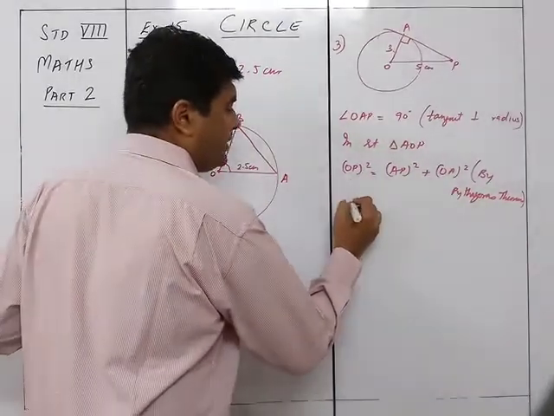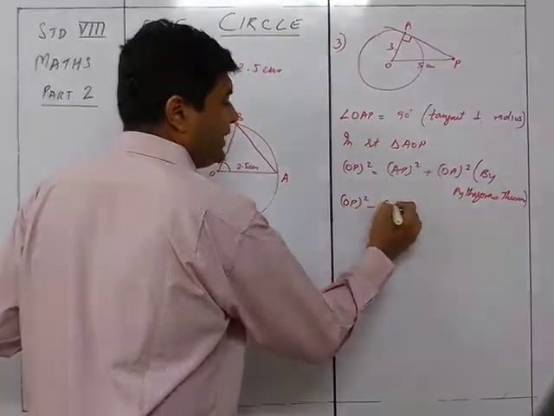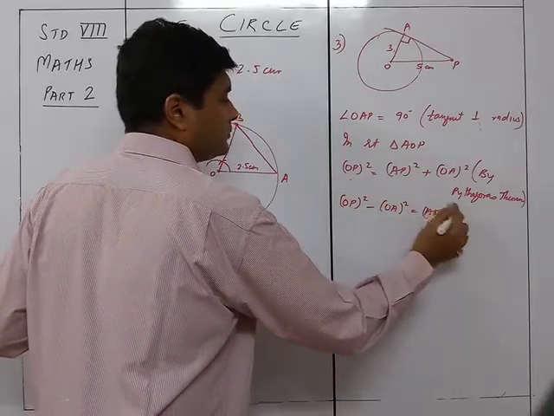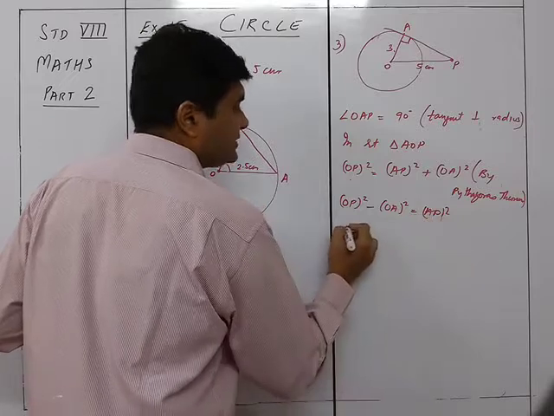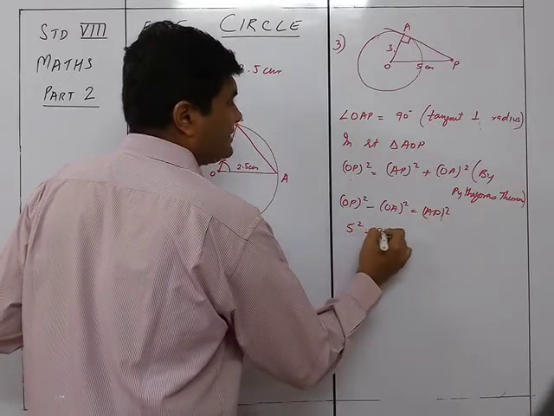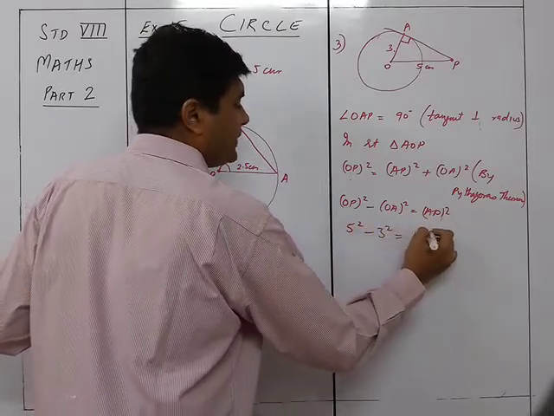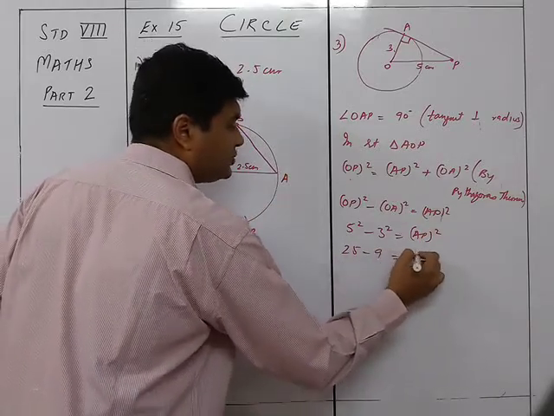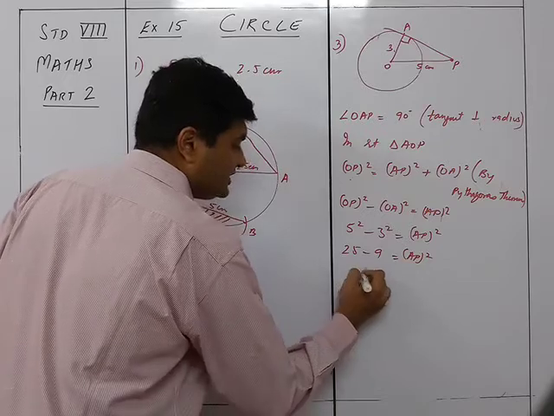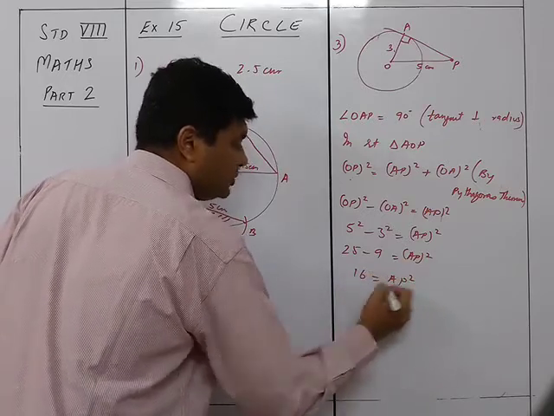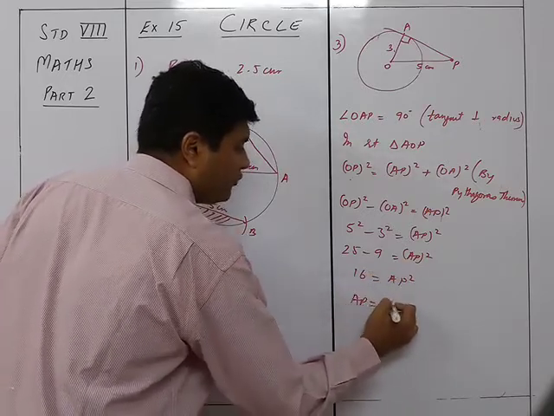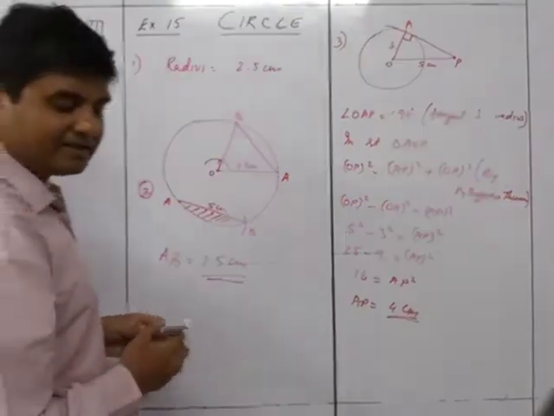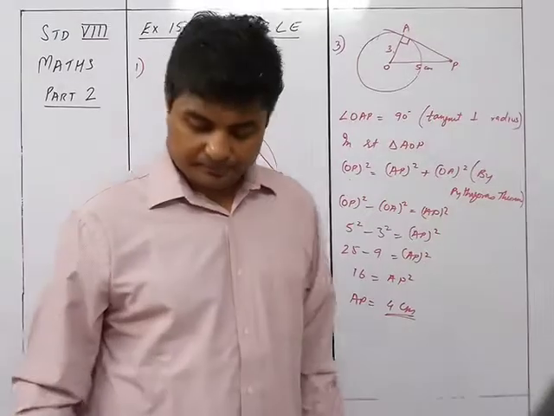So it is OP square minus OA square is equal to AP square. So that is 5 square minus 3 square is equal to AP square. So 25 minus 9 is equal to AP square. So 16 is equal to AP square. So AP will be equal to 4 centimeters. That is the answer for question number 3.